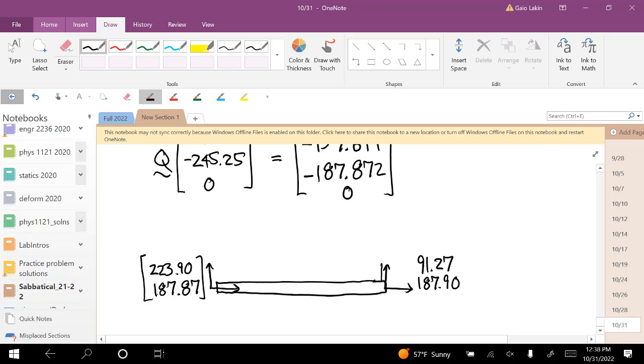And then we have two components of distributed load. A horizontal one going this way of 157.644. And a vertical one going down of 187.872.